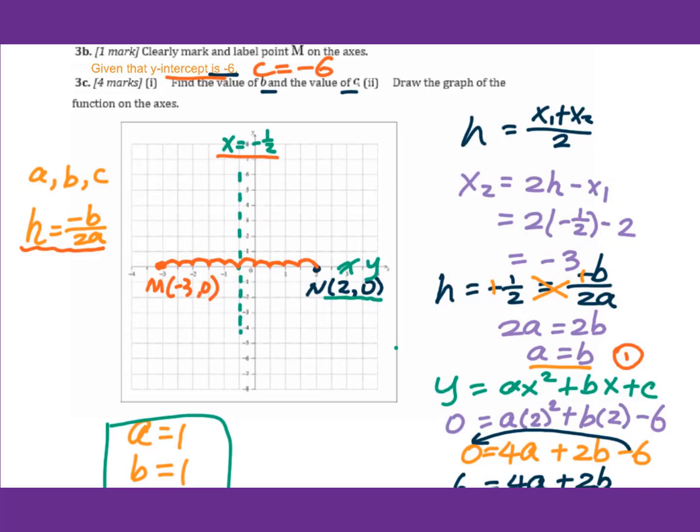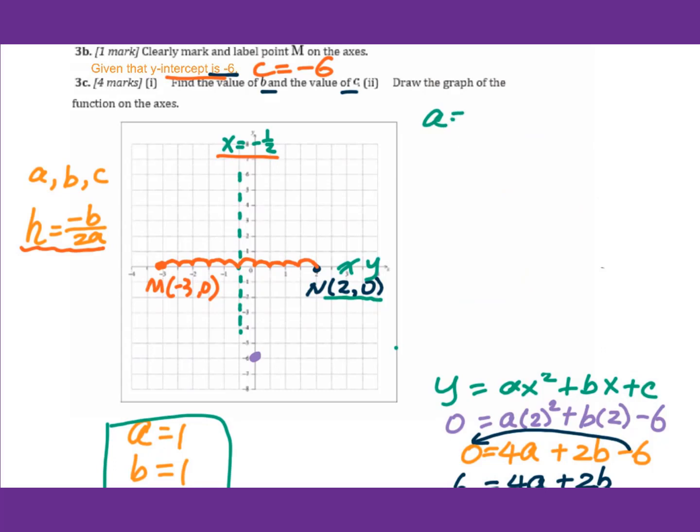For the second one, draw the graph of the function on the axes. We already know negative 6 is the y-intercept. Since we got a equals 1, b equals 1, c equals negative 6, you can get y equals x squared plus x minus 6.